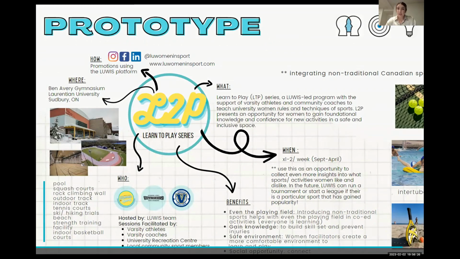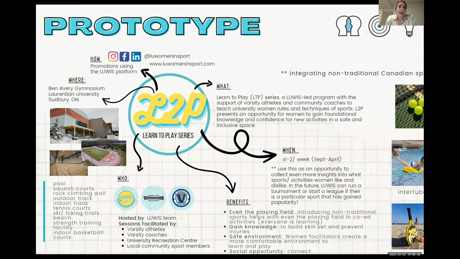And then we actually decided to go with 2 for this specific project, but this is an example of a prototype. One of the barriers we found was women felt that they weren't signing up because they simply didn't know how to play the sport. And then in fear of embarrassment or injury, they just opted to not play a sport at all.